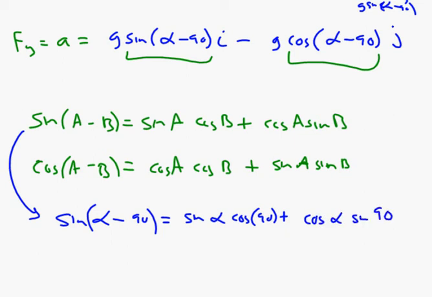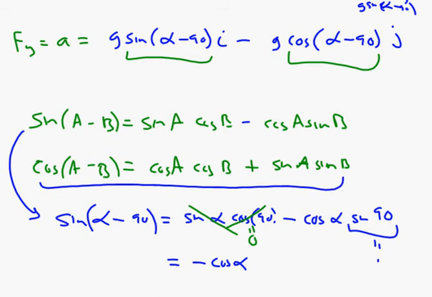But cosine of 90 is 0, so this whole term goes away, and we just end up with what's left. And the sine of 90 is equal to 1. So this just turns out to be, hold on a second, that should be minus and minus. Sorry if you noticed that earlier and I didn't say anything. So this turns out to be negative cosine alpha. This one's correct though.